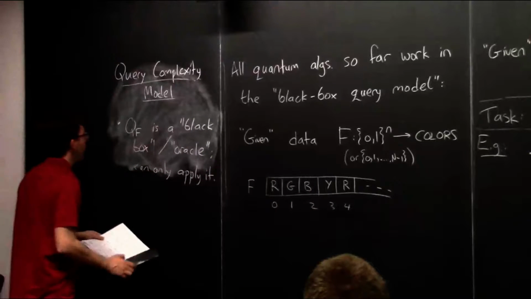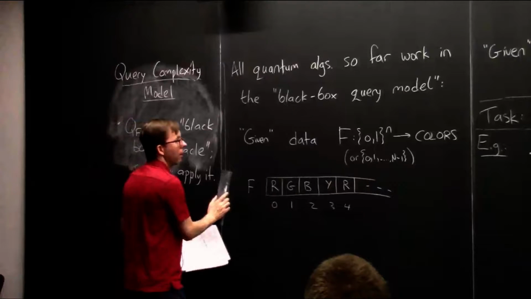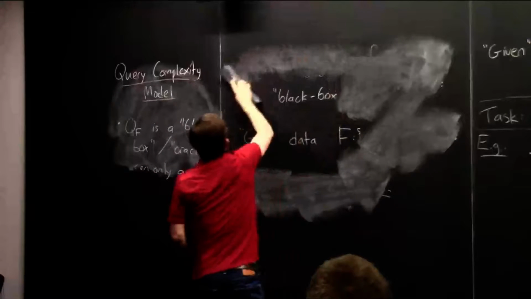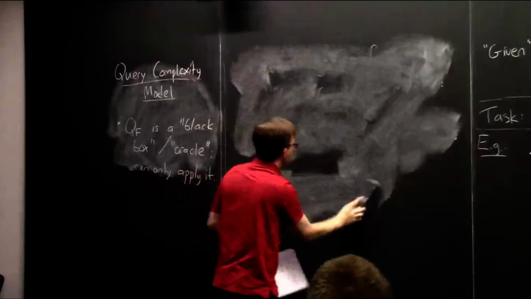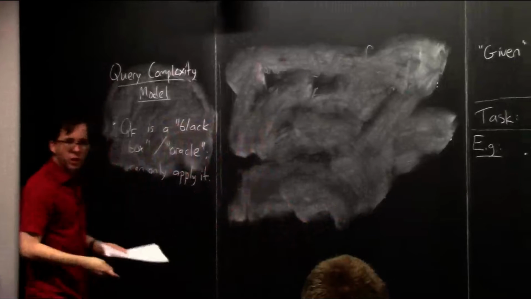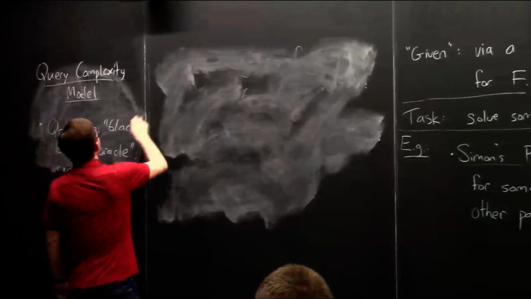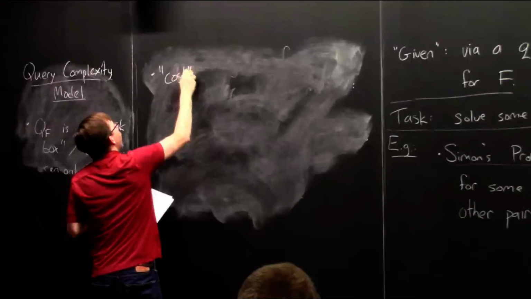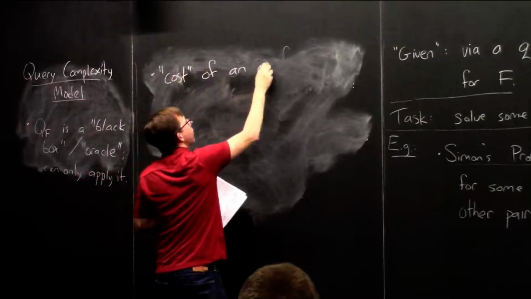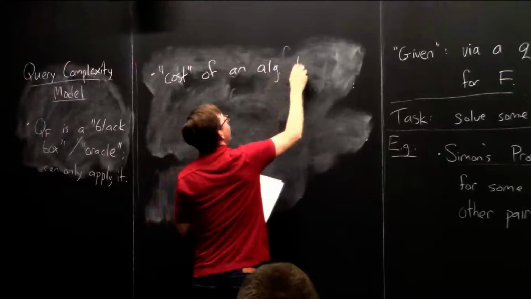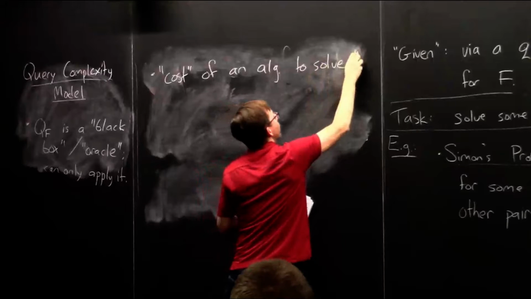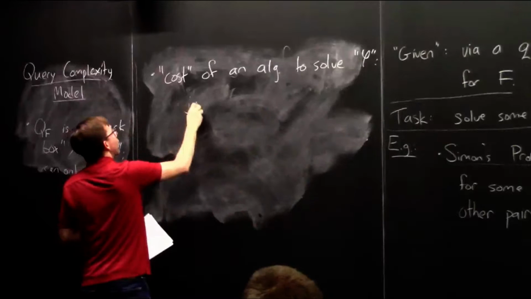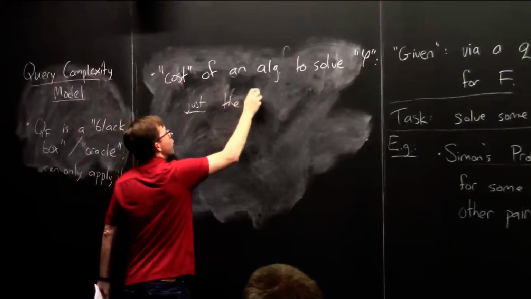OK, so that's one aspect of it, this quantum complexity model. I'll redraw this in a second. But the main difference is the cost model, or the complexity model, or what we count as efficient versus not efficient. So continuing this, in this model, the cost of an algorithm to solve a problem, some problem phi, is just defined to be the number of times you apply Q_f.